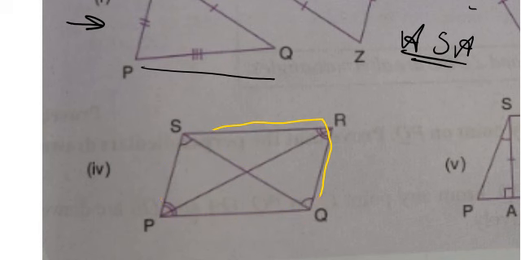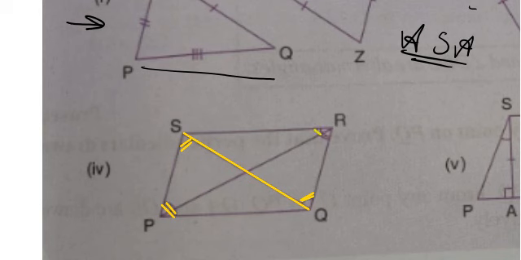And why the AAS rule here? Because see, this side here will be common, and this angle is already common. These two angles are already equal basically, right? So this angle is equal and this angle is equal, all the angles are equal, and this one pair of side is what? Common. So common means equal, right?